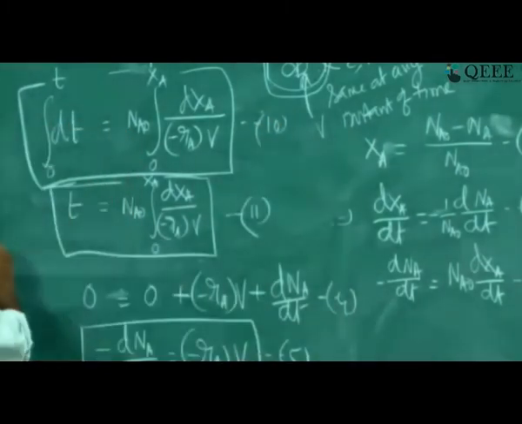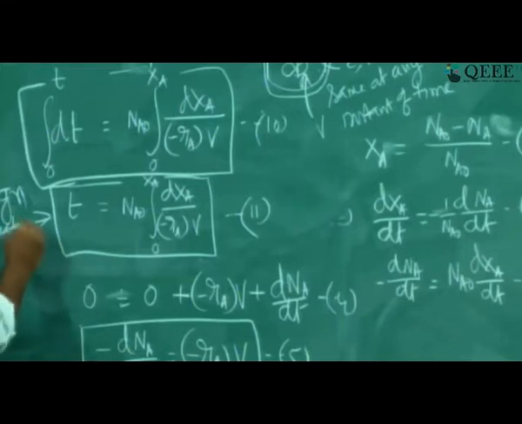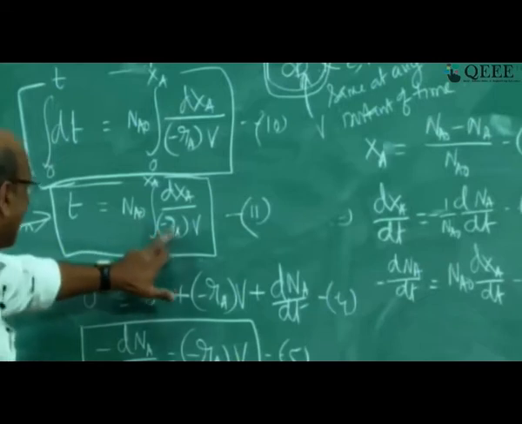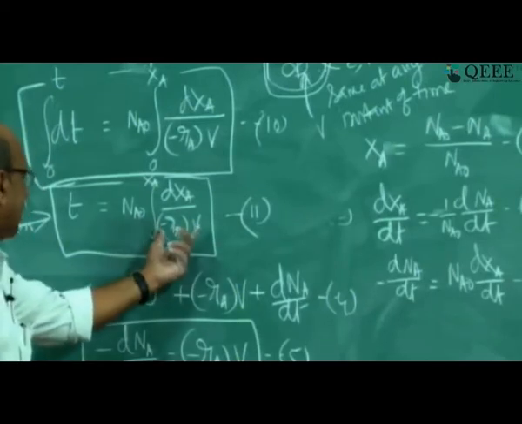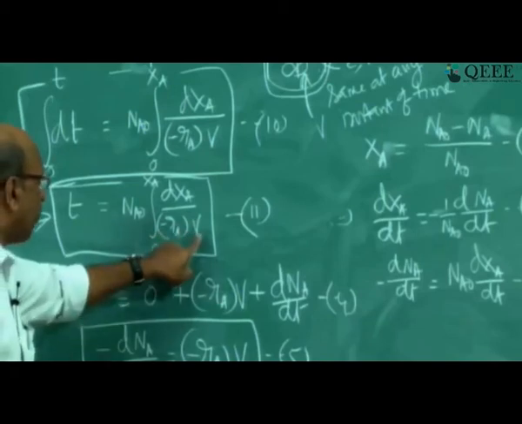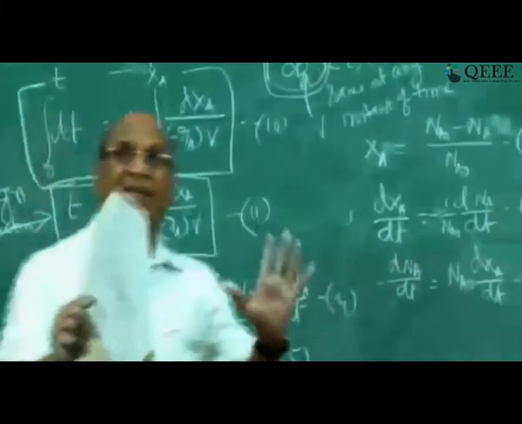Actually, this is the design expression for a batch reactor. That is the design equation. So if you know the kinetics, -RA, there is some simplification if I have a constant volume batch reactor.